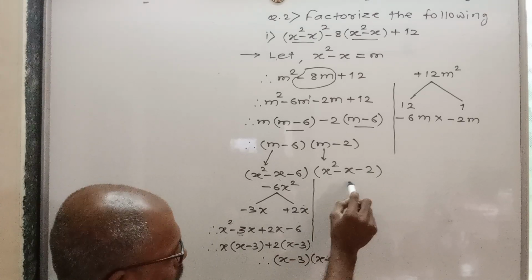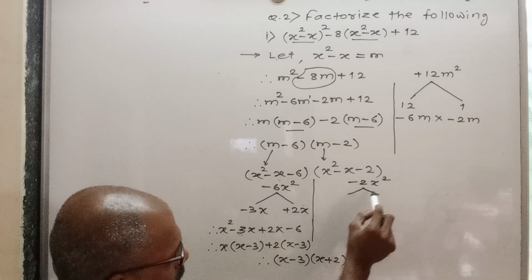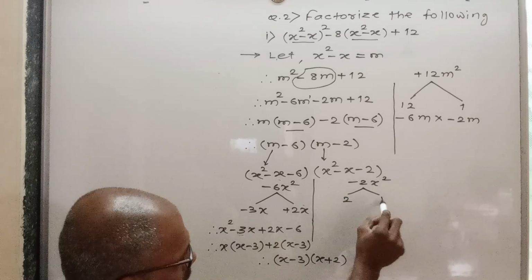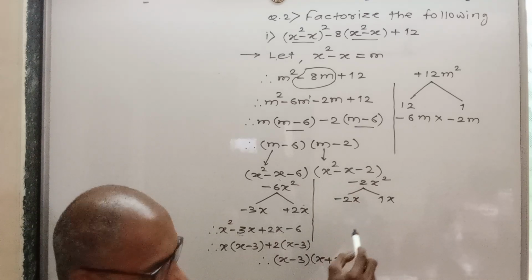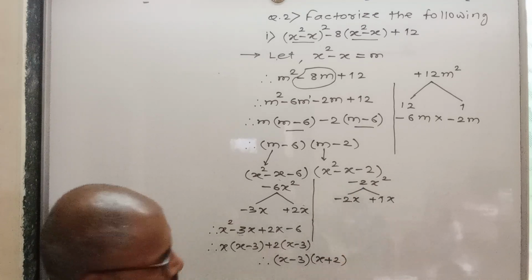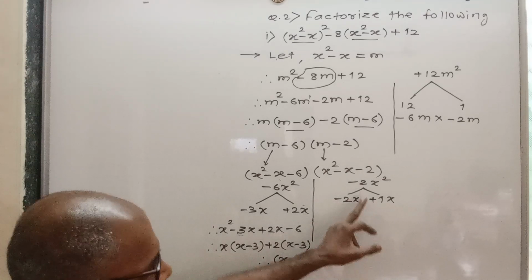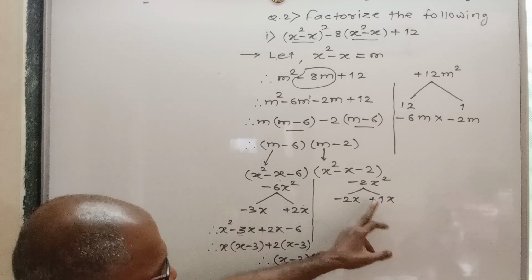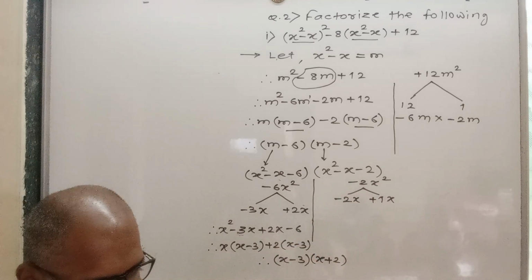Product of the extreme two terms. Okay. Then here only one splitting: 2 ones are 2. Give here x, here x. This sign to the bigger number. According to this, we write plus or minus. Here now plus. Minus into plus. 2 into 1 is 2. And minus 2x plus 1x means minus 1x.